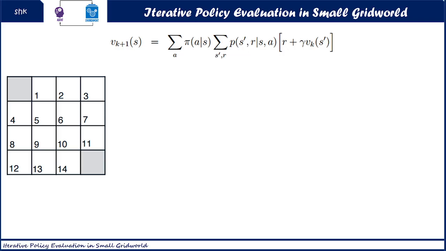Now we will move to the next state, that is S8. The value function V1 of S8 is equivalent to the sum of the probabilities of actions in the S8 state, summation over S dash comma R. The probability of transition from S to S dash is 1, multiplied with the reward minus 1, plus the discount factor 1 times V0, as we are computing V1 from the previous value V0 of the new state S dash depending upon the action.